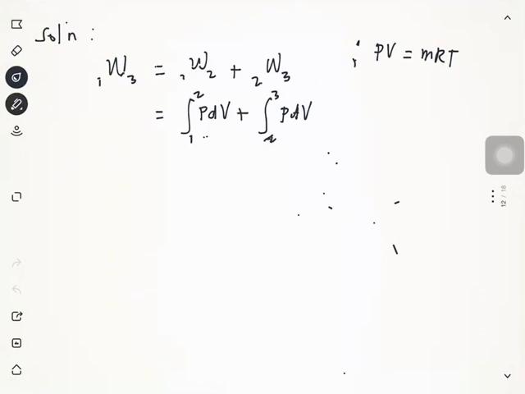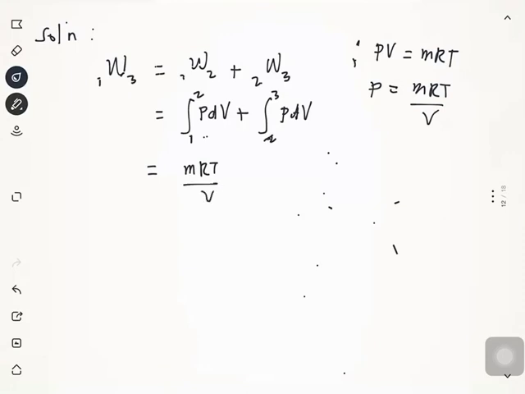So here P is equivalent to mRT over V. So we have the integral from 1 to 2 of mRT over V dV, plus, no, this is 2 to 3, the integral from 2 to 3 of PdV.